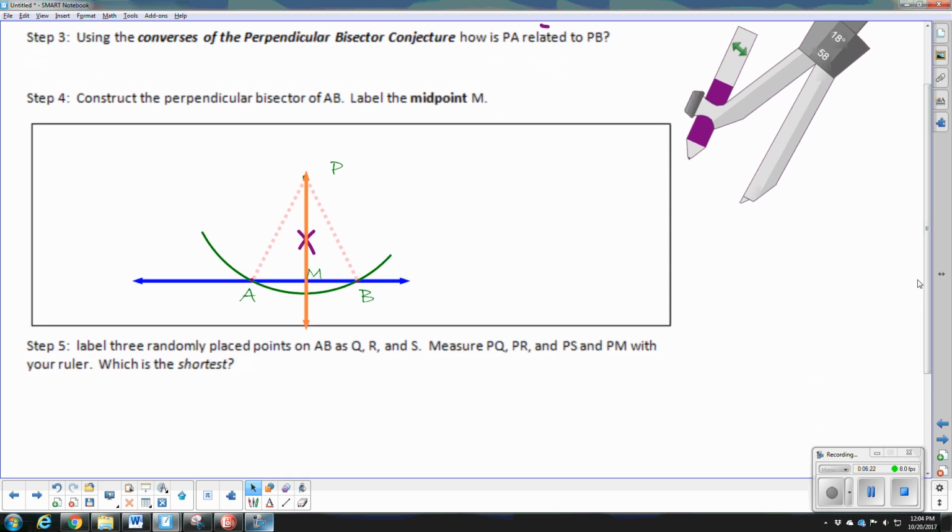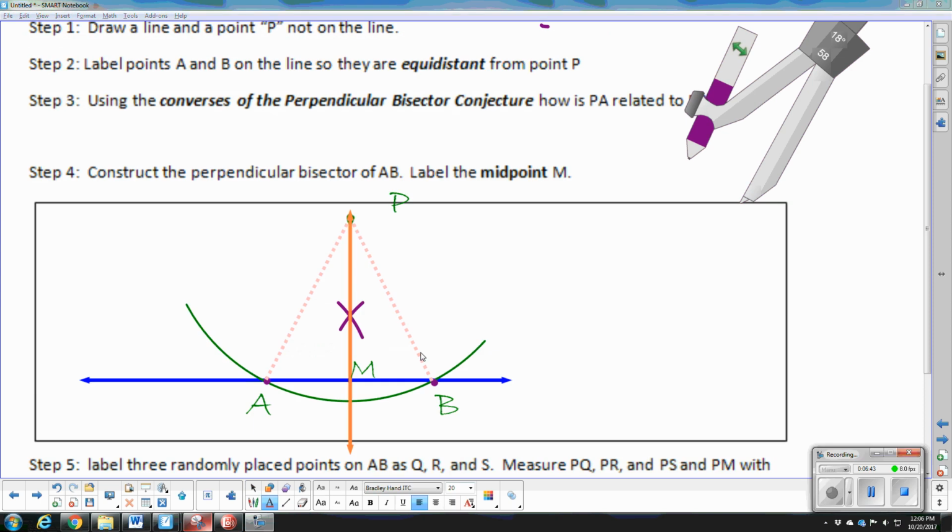And then the next part is to label 3 randomly placed points on AB as Q, R, and S. Measure PQ, PR, PS, and PM with your ruler, and find which one is the shortest. I'm going to make mine a little bit bigger so that you can see more easily, but we're going to mark those 3 random points.